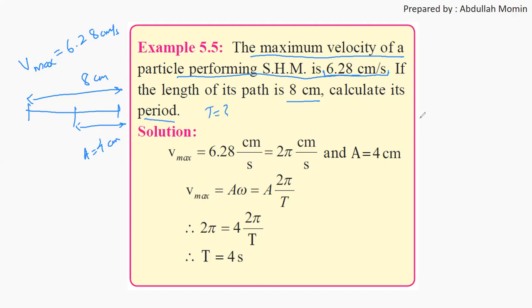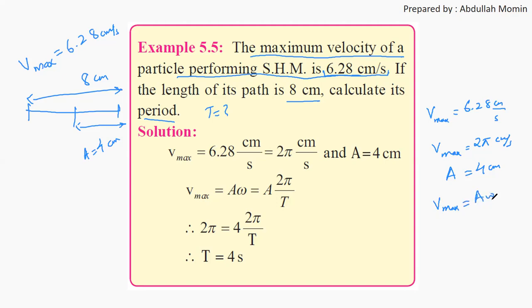So we will write v max is equal to 6.28 centimeter per second, and 6.28 is the value of 2 pi. A is 4 centimeter, and we know that v max is equal to A omega.